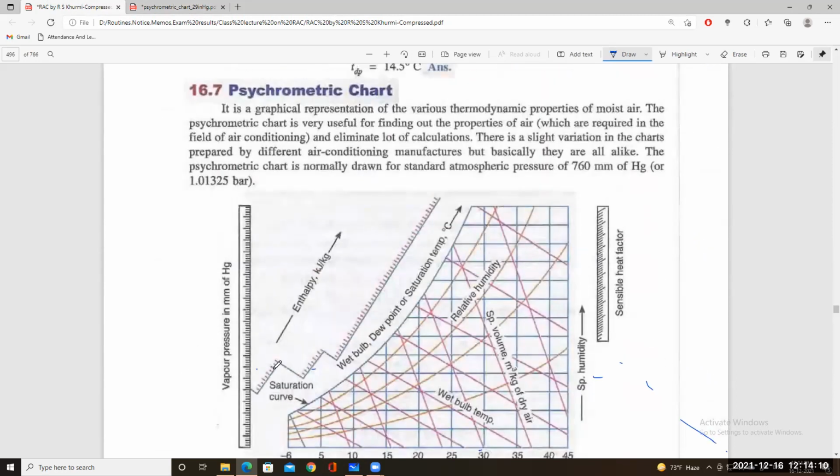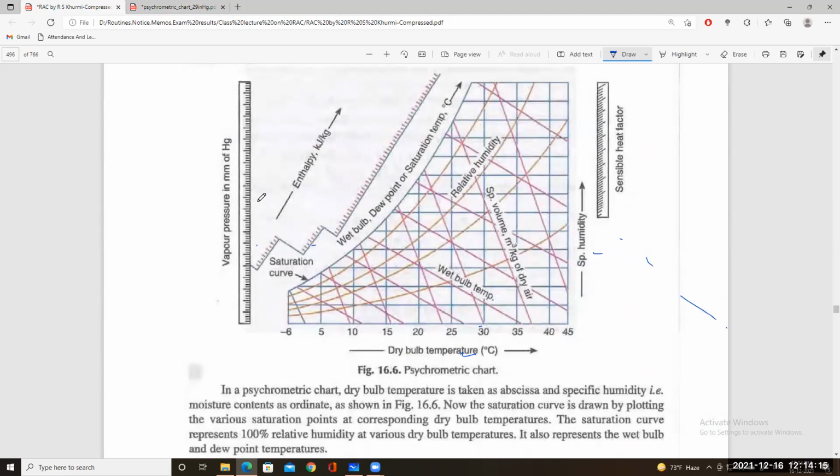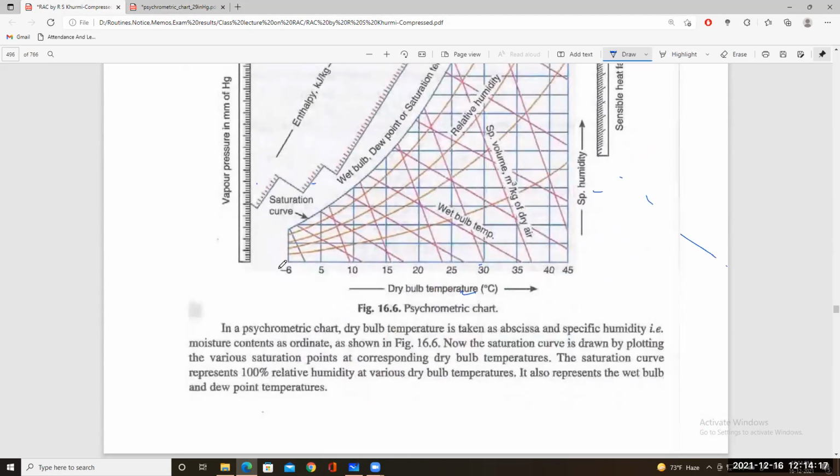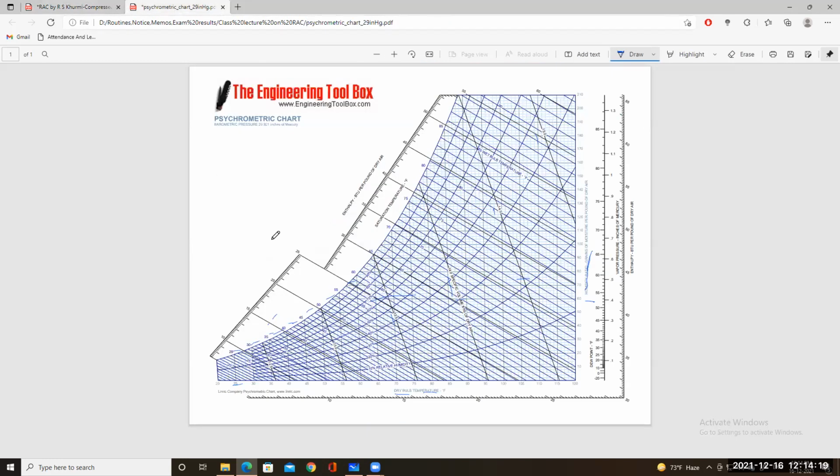This is the saturation curve. This is the vapor pressure in millimeters of mercury. This is the vapor pressure line shown on the right, not on the left.